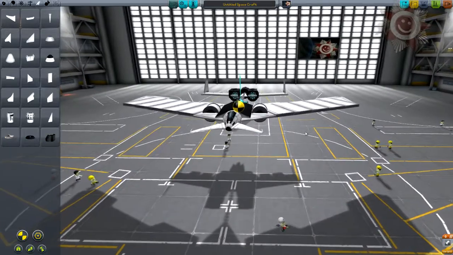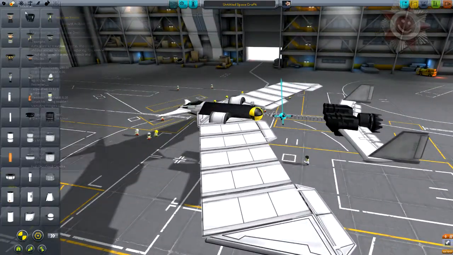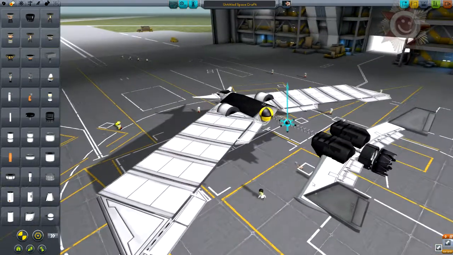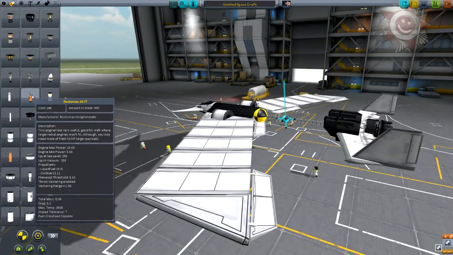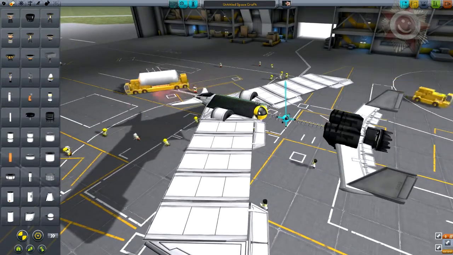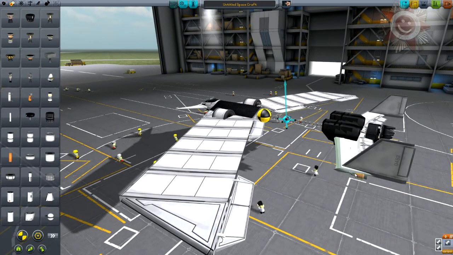Okay, now we want to place the rocket engines. These are so small, so light that they won't mess our center of mass. Maybe a little bit, but it's not too bad.